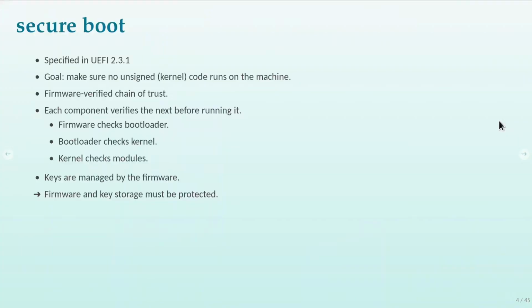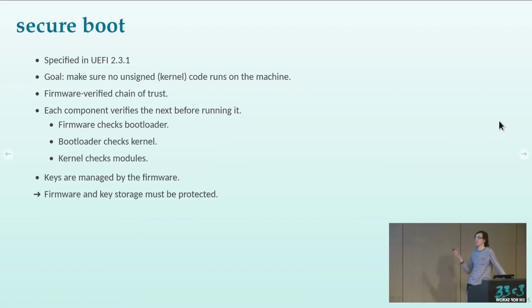That means for that to work, the firmware itself, the code living in the memory, and also the storage for the keys, which is usually flash, must be protected so that the operating system or any malware trying to infect the system can't modify this kind of stuff. And how we are going to implement this for virtual machines is the topic of this talk.